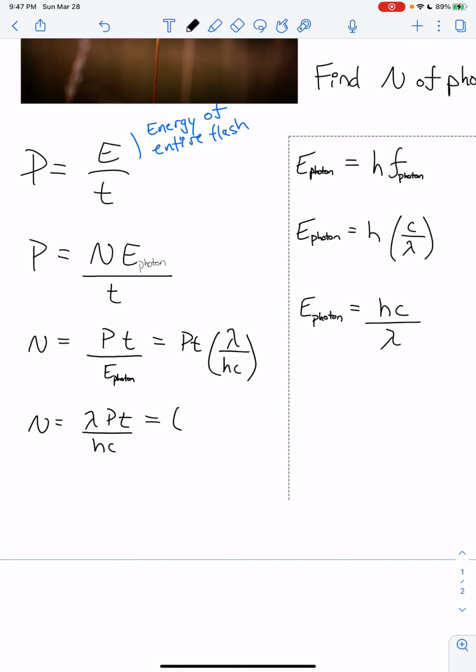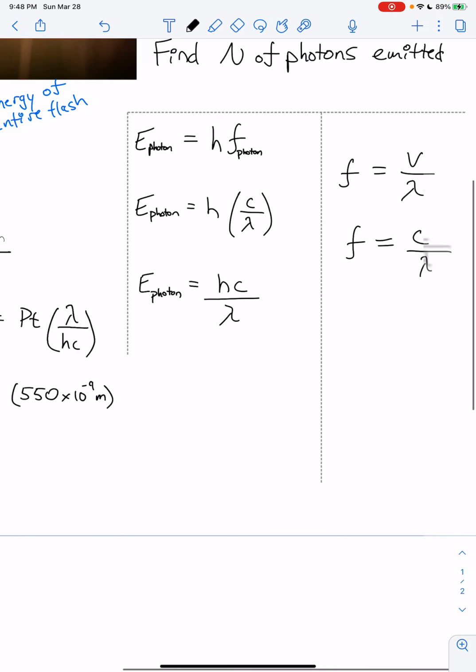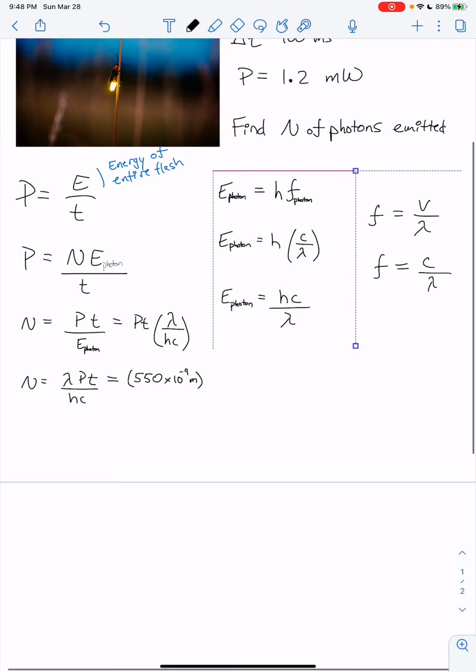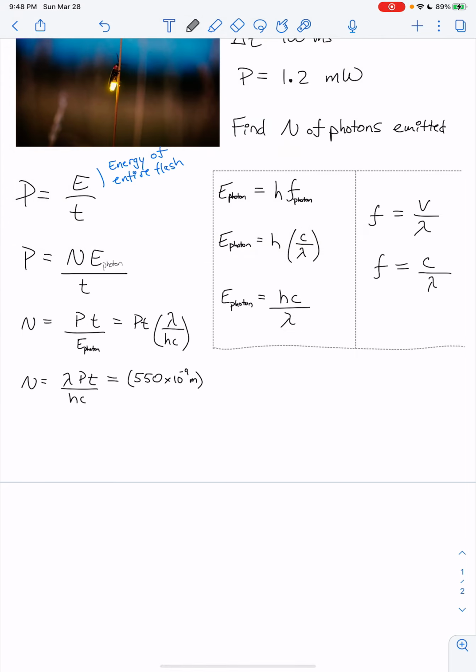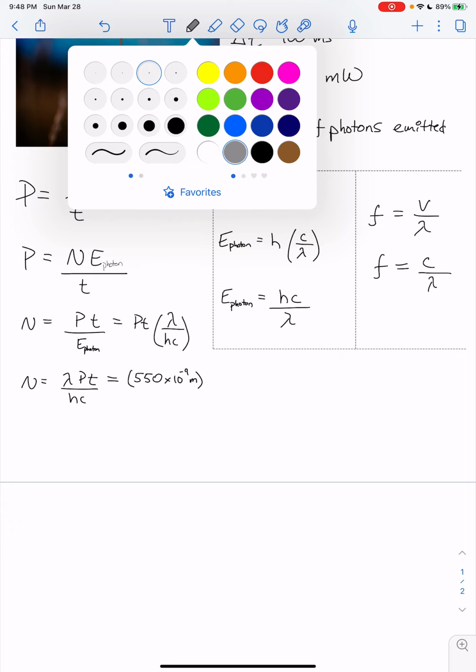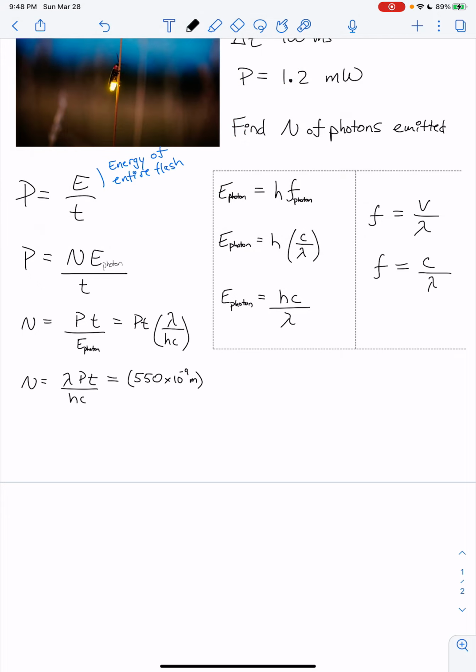So our lambda value was 550 nanometers. So 550 nanometers times the power, which is 1.2, and that was milliwatts, so times 10 to the negative 3 watts.